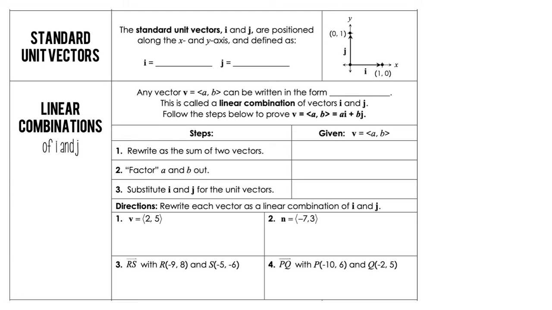Okay, now let's talk about standard unit vectors. The standard unit vectors i and j are positioned along the x and y axis, and they're defined by i is going to be 1, 0, and j is going to be 0, 1.